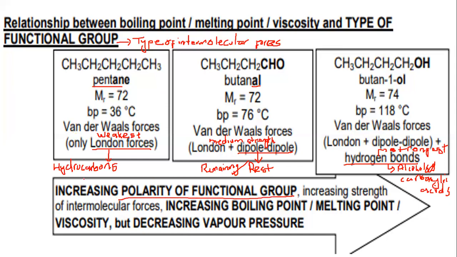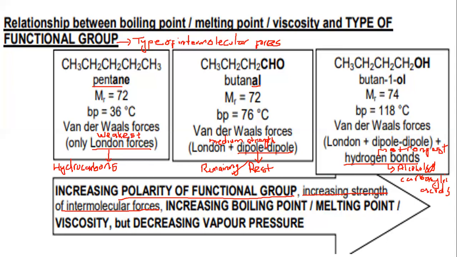To make it easy for yourself, just say, if there's an increase in the polarity of the functional group, we are simply saying there is an increase in the strength of intermolecular forces. Why? Because we are going from weakest strength to medium strength to the strongest strength, or rather to stronger intermolecular forces.